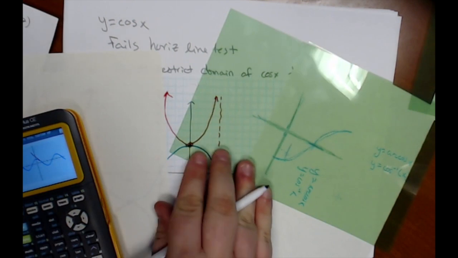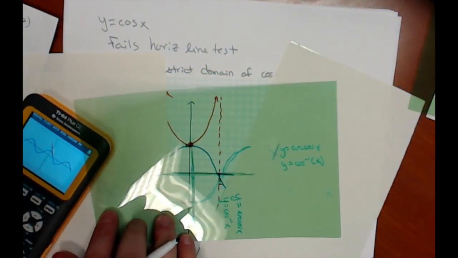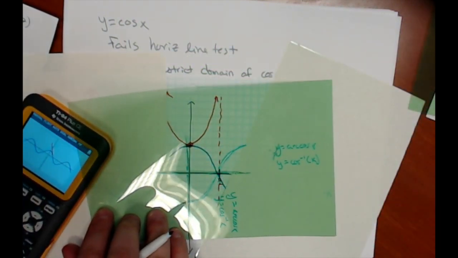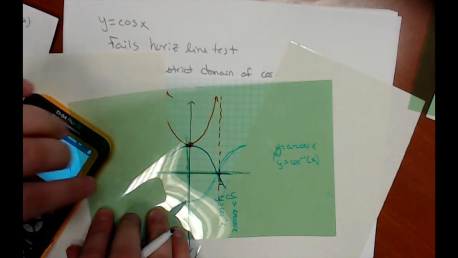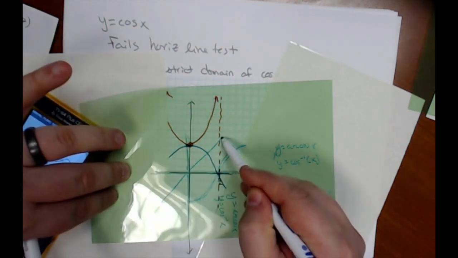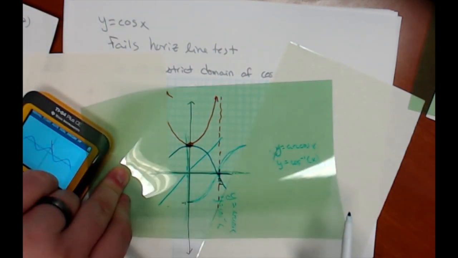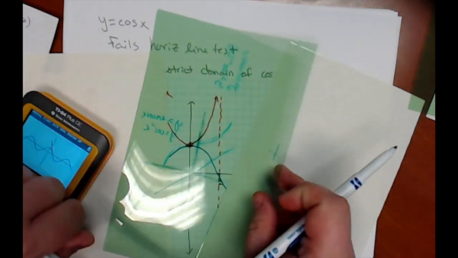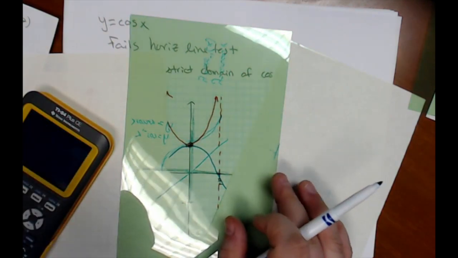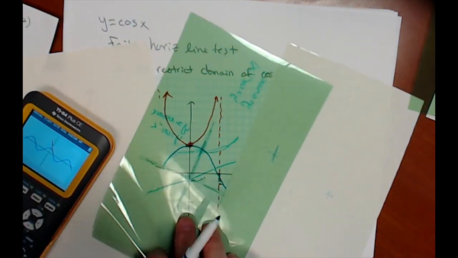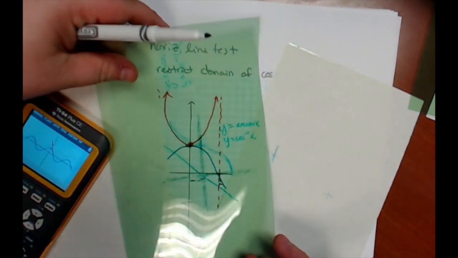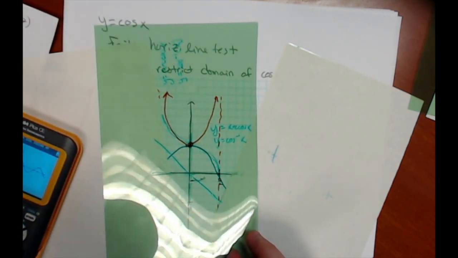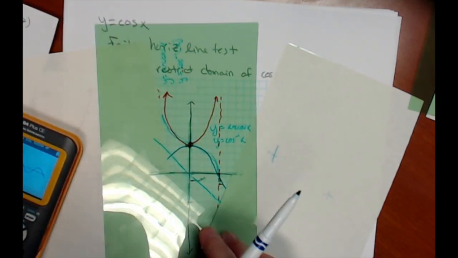When we use our graphing trick, we have to reflect our function around the line y equals x. And when we do that, we end up with, nope, I did it wrong. Oh, because I wrote it on the wrong side. Oh, well, that's unfortunate. We end up with that image.